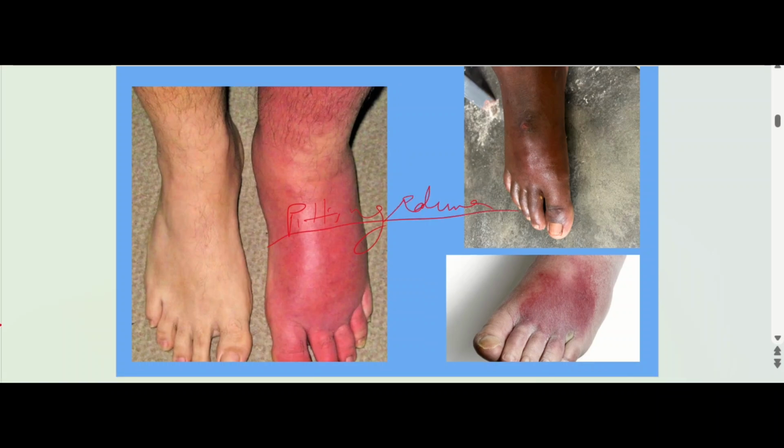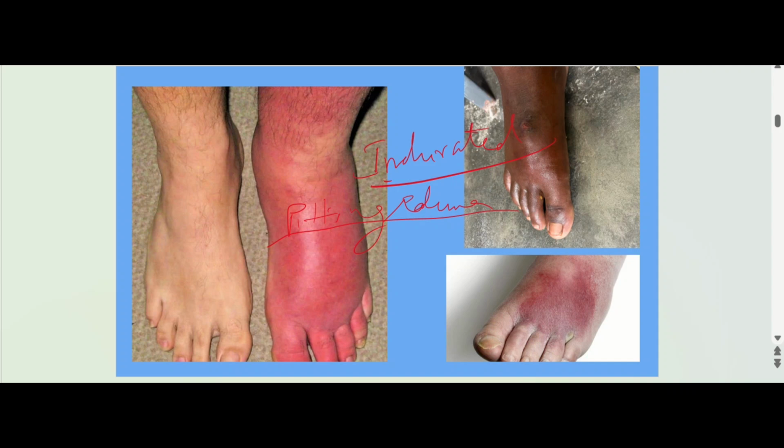A patient will have pain, and there will be tenderness, raised temperature, but there is no well-defined edge. The edge is very ill-defined in case of cellulitis, and on palpation we may find the skin is indurated. So this is a case of cellulitis.